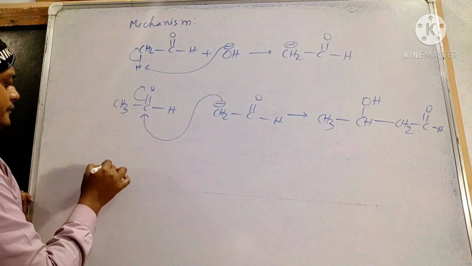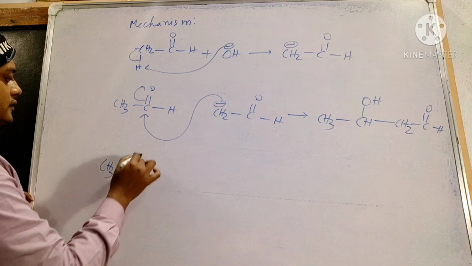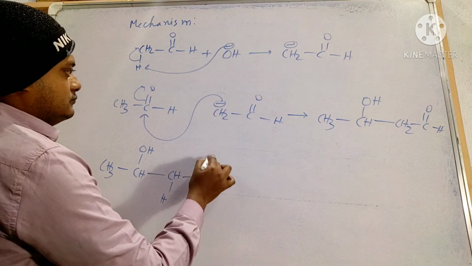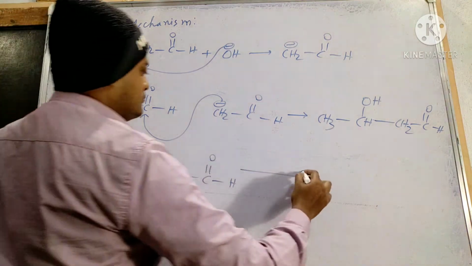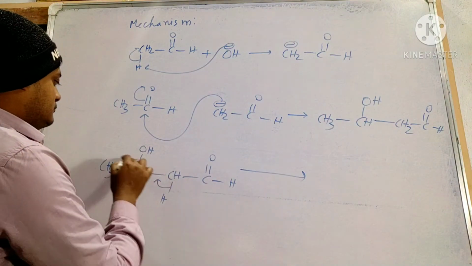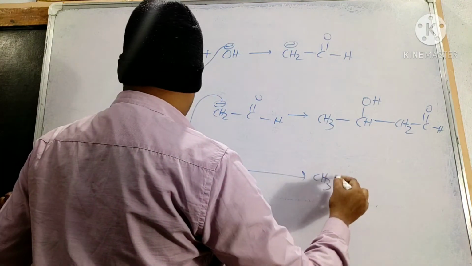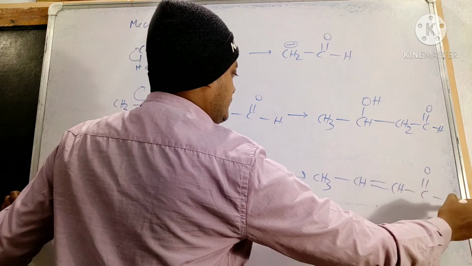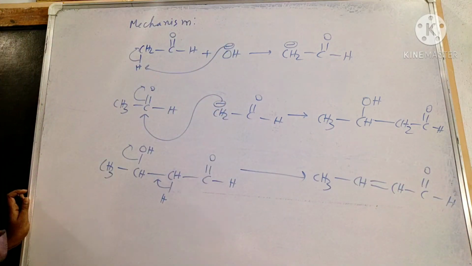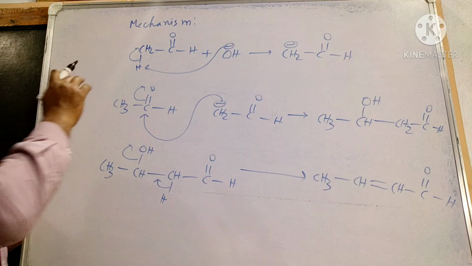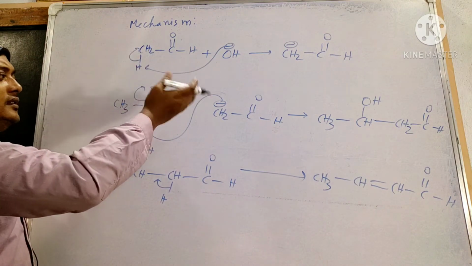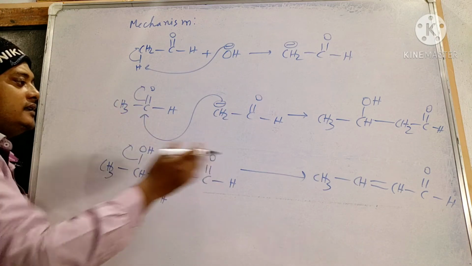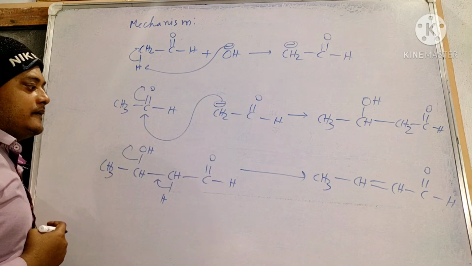And last step, removal of water. That is the mechanism of aldol condensation. First step, it will generate the nucleophile, then nucleophilic attack on the second molecule, and last step water will be released.